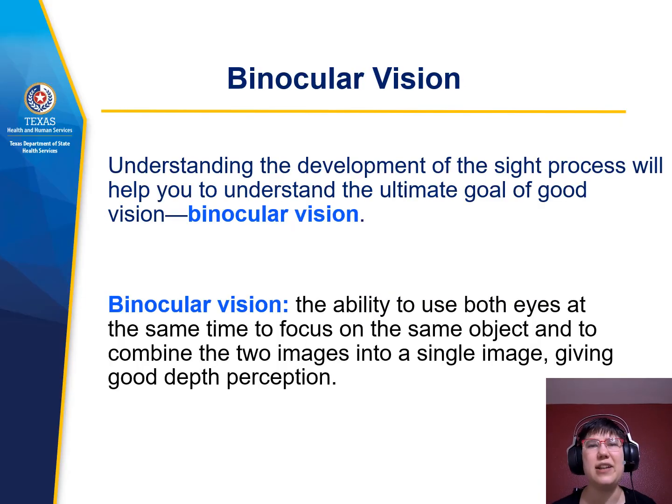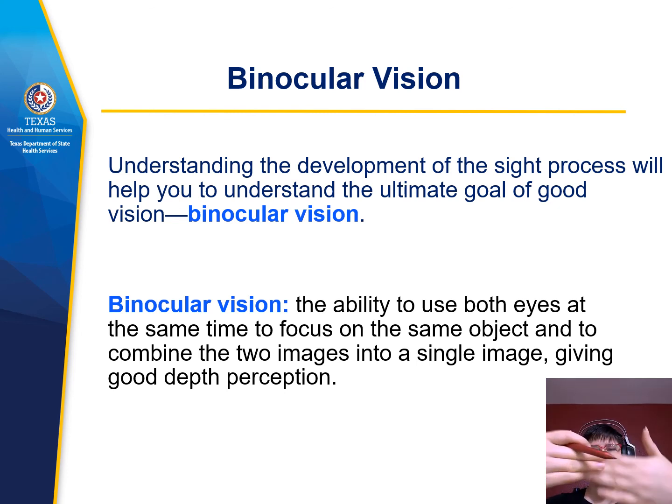But the big deal about it is binocular vision, seeing with both eyes. So let's work on understanding how the development of the sight process puts together and how we use binocular vision to see. So what is binocular vision? Well, it's the ability to use both eyes at the same time to focus on the same object and to combine the two images into a single image.